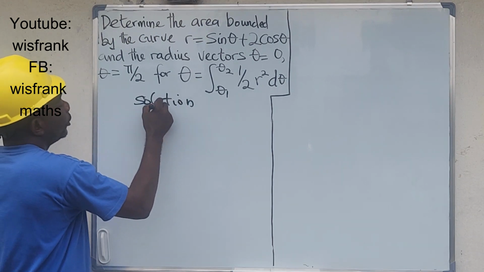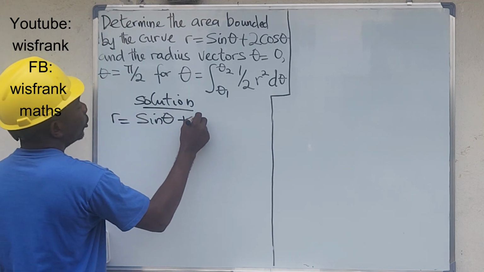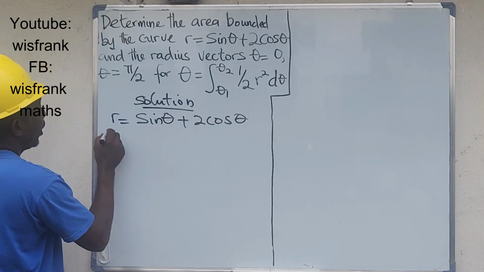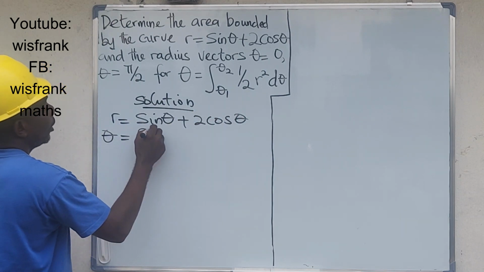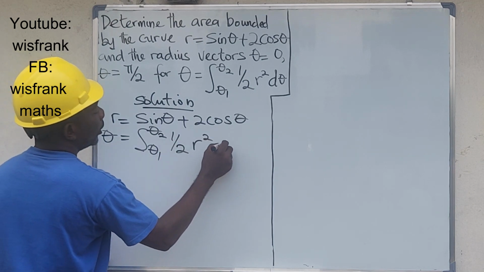We have the solution. We are given that r equals sine theta plus 2 cos theta. So for our equation here, we have theta equals the integral of theta 2 to theta 1 of 1 over 2 r squared d theta.